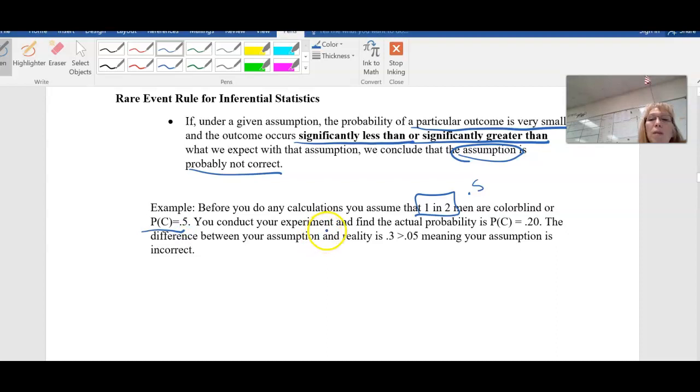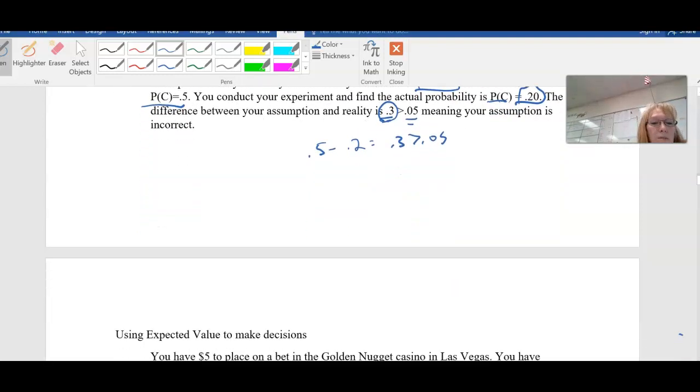You conduct your experiment and you find that the probability of colorblindness is actually 0.2. The difference between your assumption and reality is 0.3. So you took 0.5 minus 0.2, you get 0.3. 0.3 is greater than 0.05. So since this is way larger than what we expected, your assumption is wrong. So it is not a 50-50 chance.